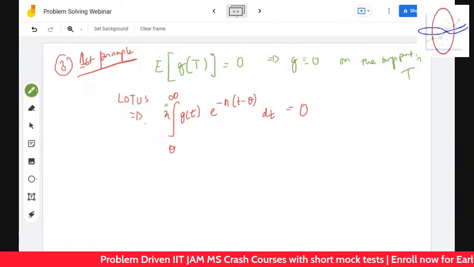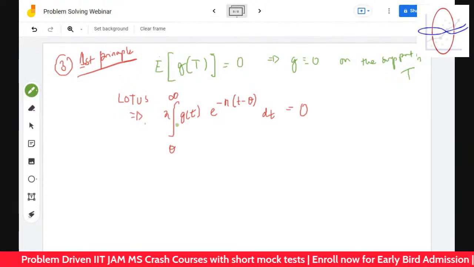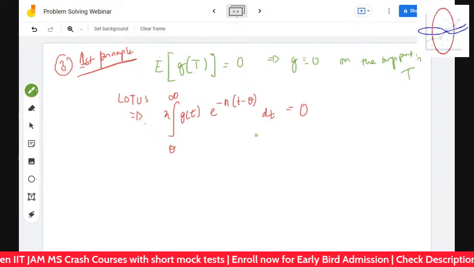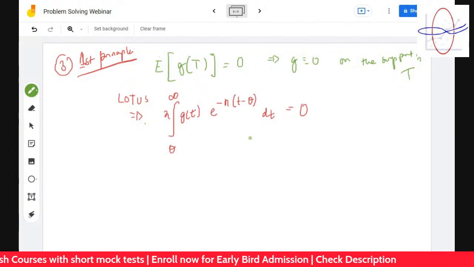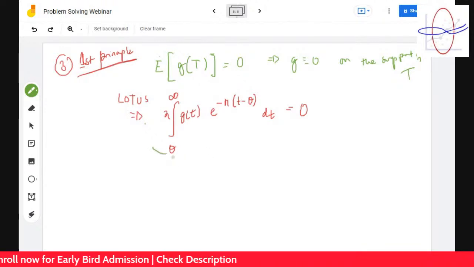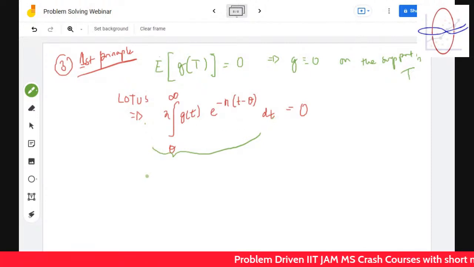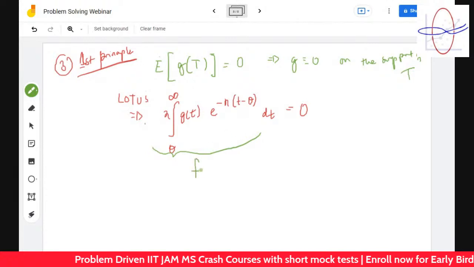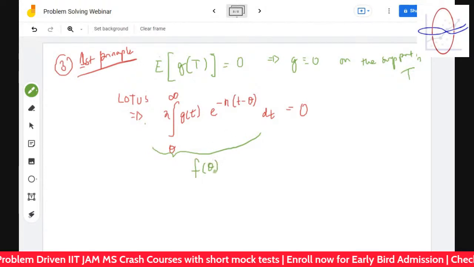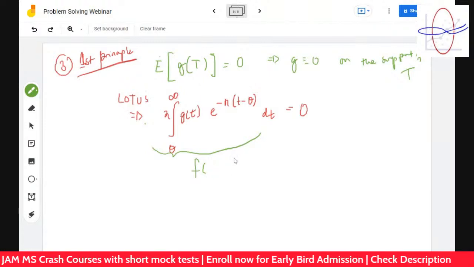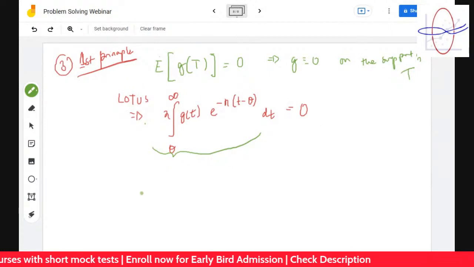So let's do something interesting. You can see it's a function of theta actually, some f of theta. So what I will do is that since f of theta is equal to 0, this implies its derivative is also 0.